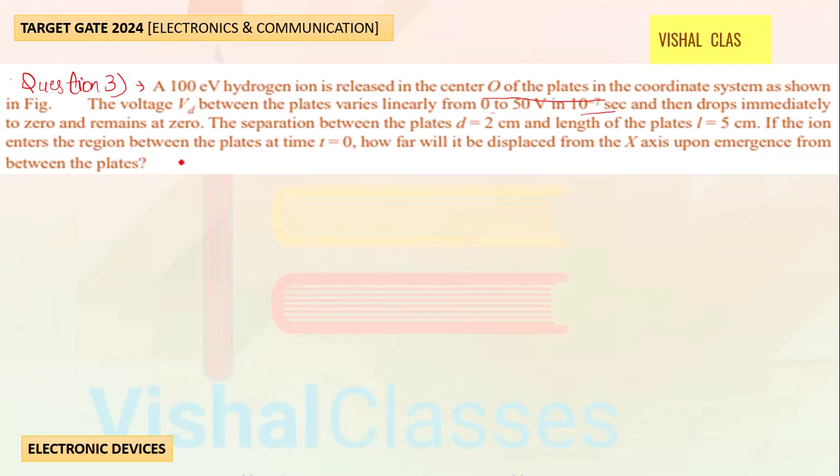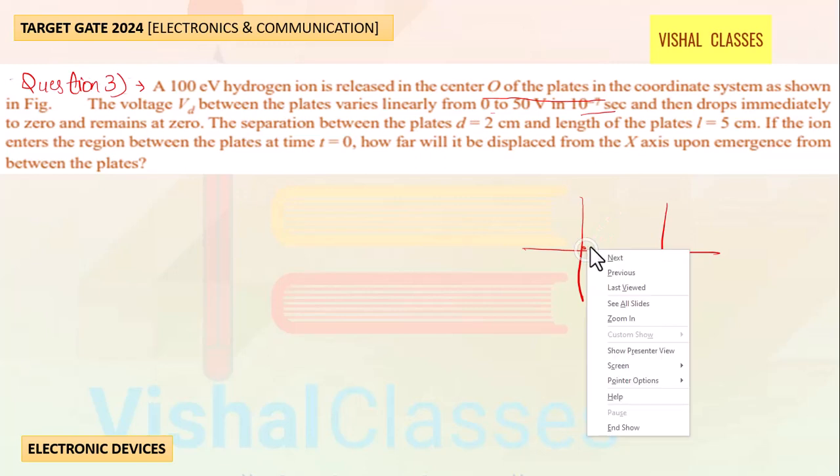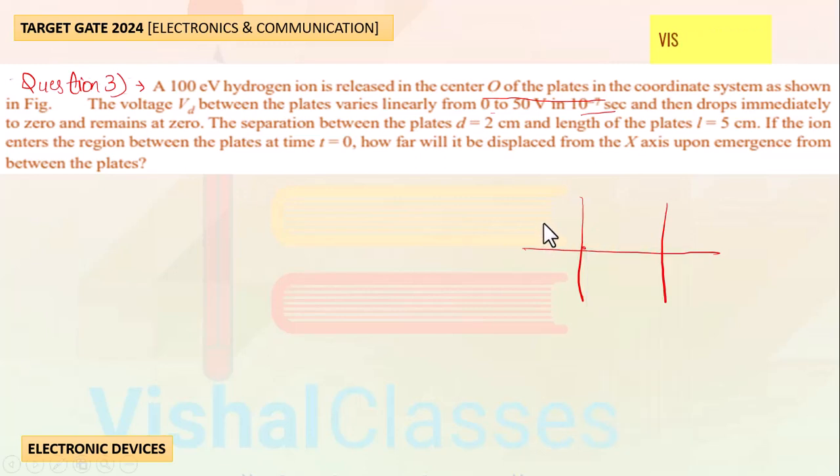If the ion enters the region between plates at t equal to 0, how far will it be displaced from the x-axis upon emergence between plates? A 100 electron volt ion is placed at the center of the plates.